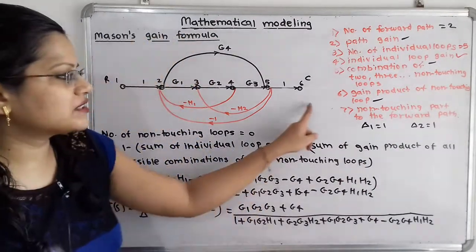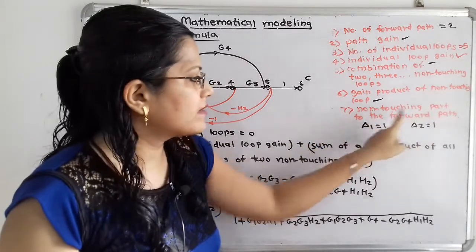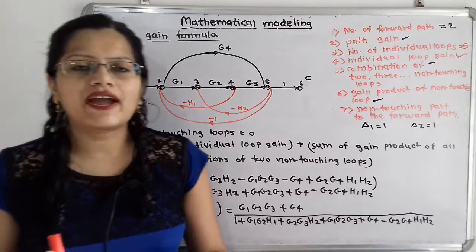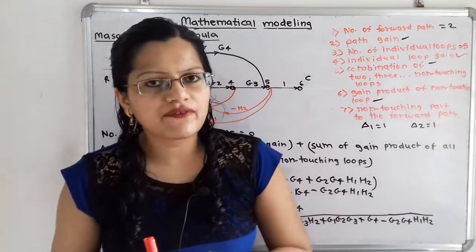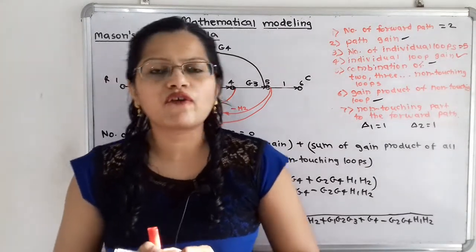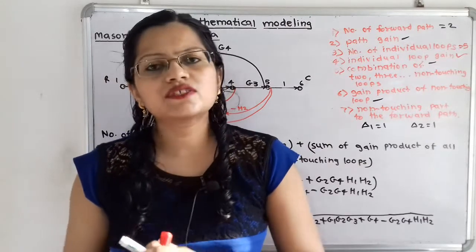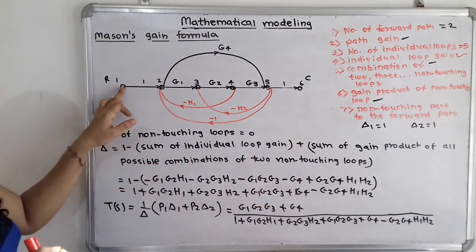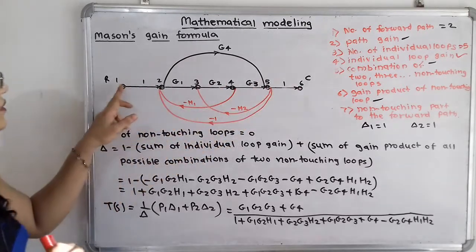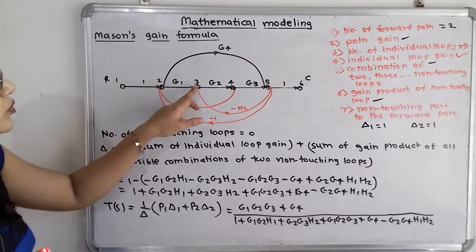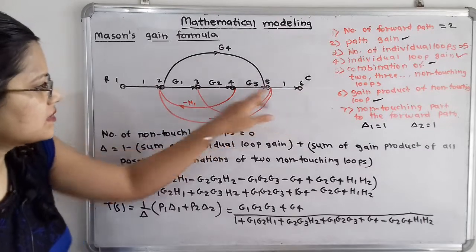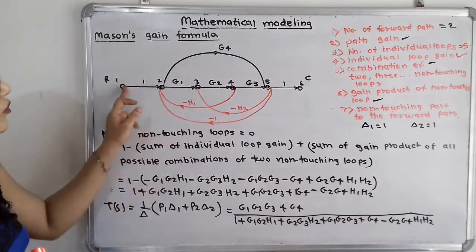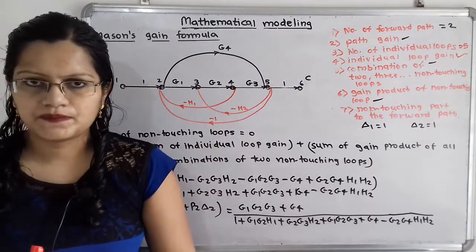Now what is the last one? So non-touching path to the forward path. So we have to find the loop in such a way that it is not touching to the forward path. Now in this question there are 2 forward paths. Now if we observe, for this first forward path, that is from node number 1, 2, 3, 4, 5, 6, this is horizontal line, all the loops are touching to this forward path.